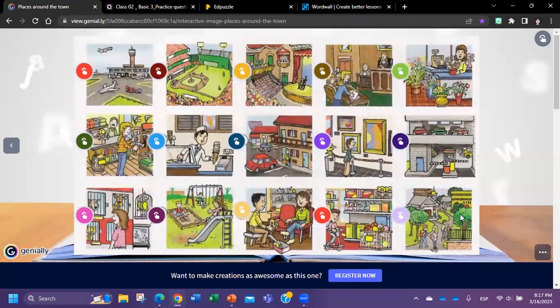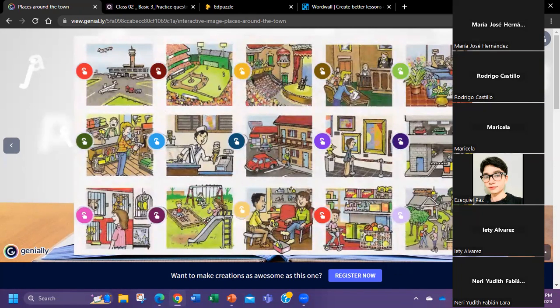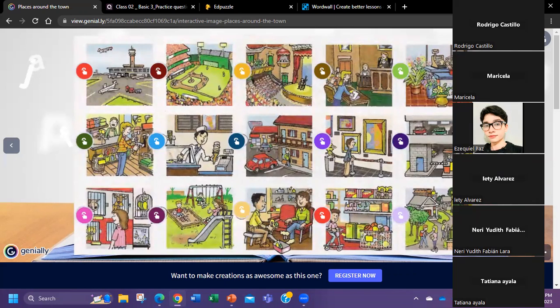So now we know many different places that we can find around the town. Do you have questions about vocabulary or everything is clear? Okay, no questions, excellent.